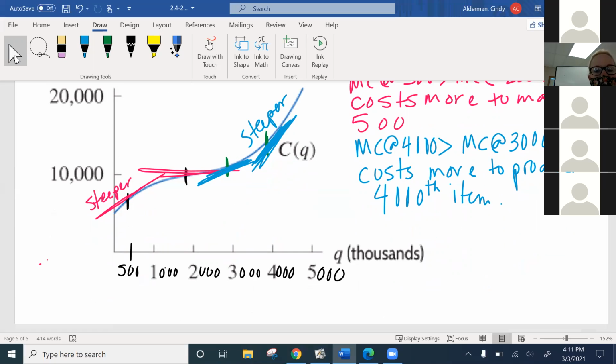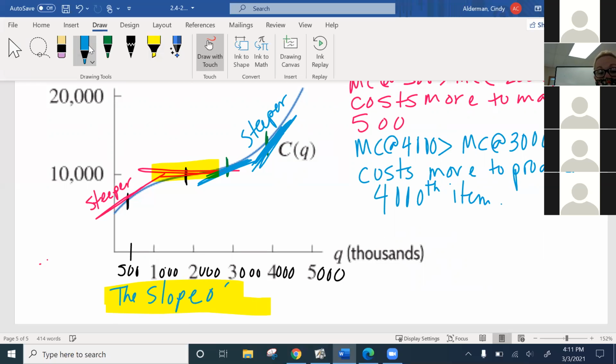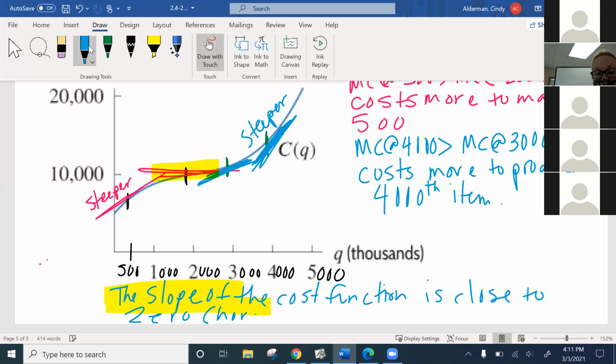I think it flattens out somewhere around 2,000 or maybe a little bit more than that. Somewhere around there, it kind of flattens out. So we can say that the slope of the cost function is close to zero when we're talking about a horizontal line.